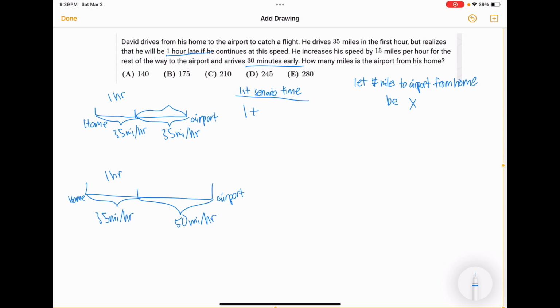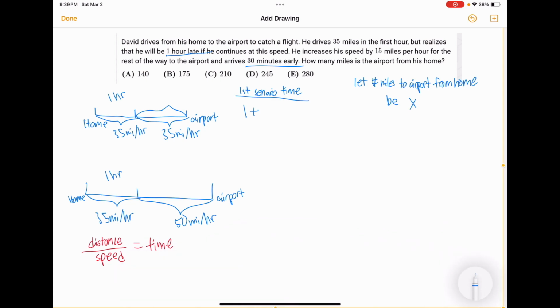That is a formula that is very important, and I'll just write it out right here: distance over speed equals time. And we can just plug that in.